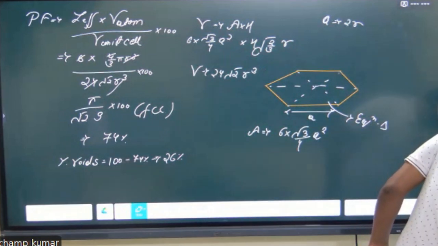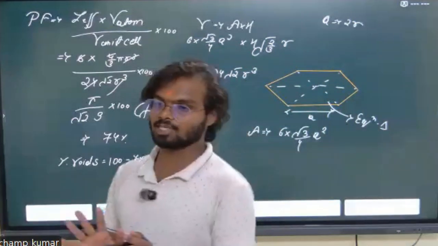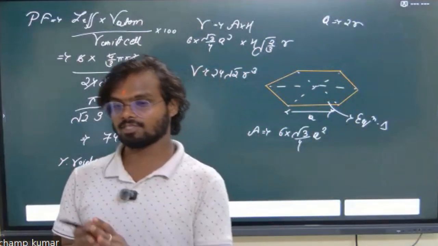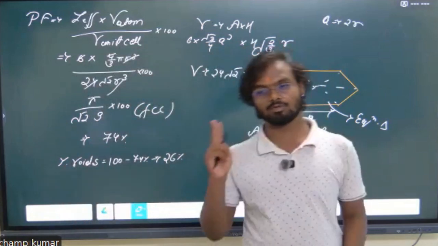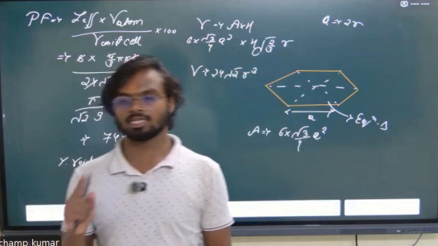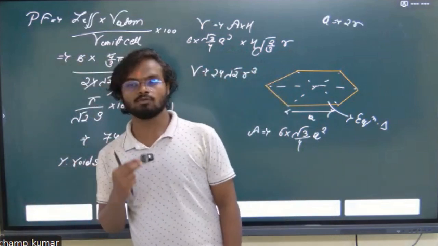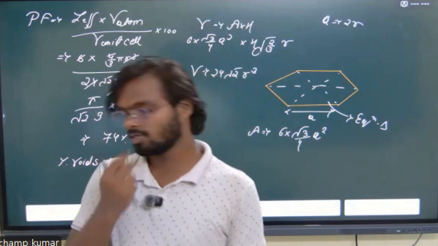Clear? So these are the different types of close packings we have seen. First we started with 1D, then we moved to 2D. In 2D we have seen two types of packing. By using square close packing, we got the unit cell as a square unit cell. Then we moved to hexagonal close packing, where we got the hexagonal unit cell.